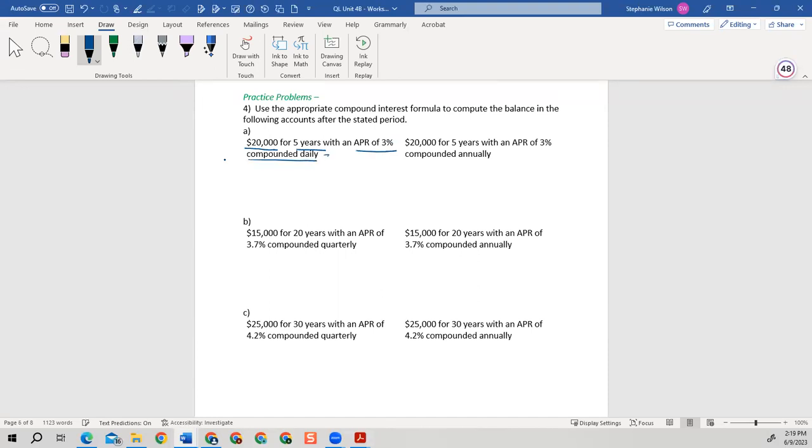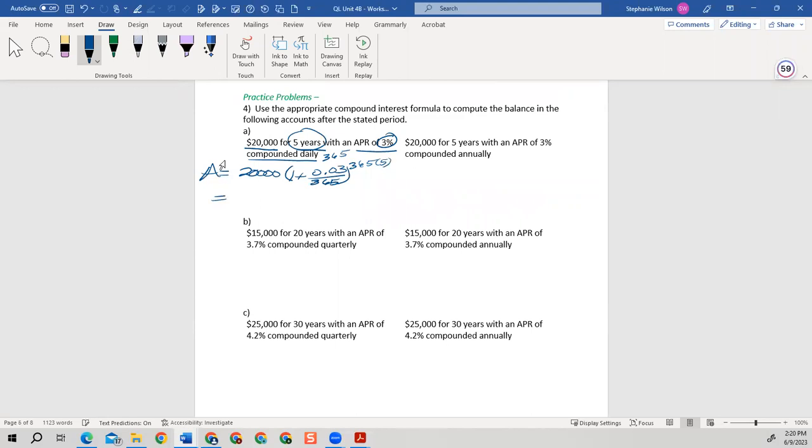So daily means 365 days of the year. So I'm going to take my formula. A equals the 20,000 times 1 plus, I'm going to write this in decimal form, and it's daily, so it's going to divide by 365 because it's compounded daily. And then it said for 5 years, so 365 times 5.